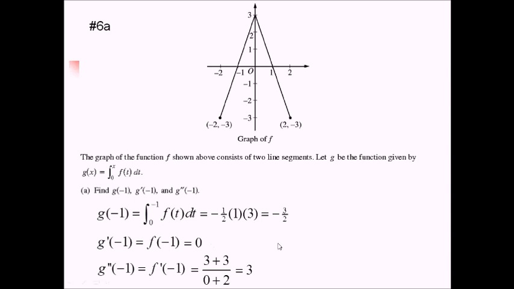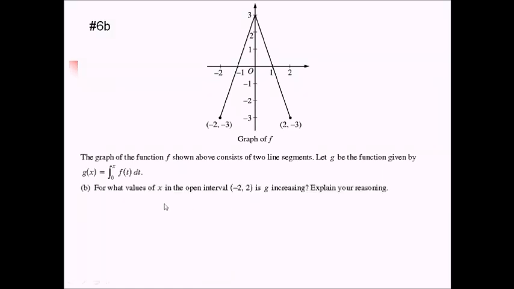And there you go. For this part, we want to know for what values of x in the interval from negative 2 to 2 is g increasing. Well, to know where g is increasing, we need to know about g prime and what that's doing. So we saw before that g prime is really just f, using our fundamental theorem to make that conversion.